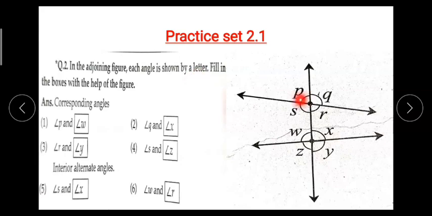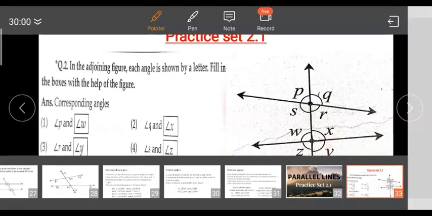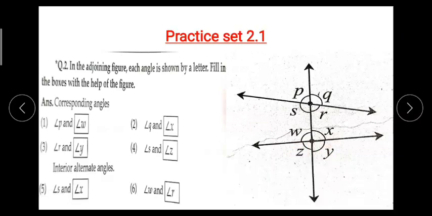See here, this angle is shown by letter P. This angle is shown by letter Q. Then S, R, W, X, Z, Y. Okay. Fill in the boxes with the help of the figure. Okay. So let's start, students. First is corresponding angles. So corresponding angles we have to find out.